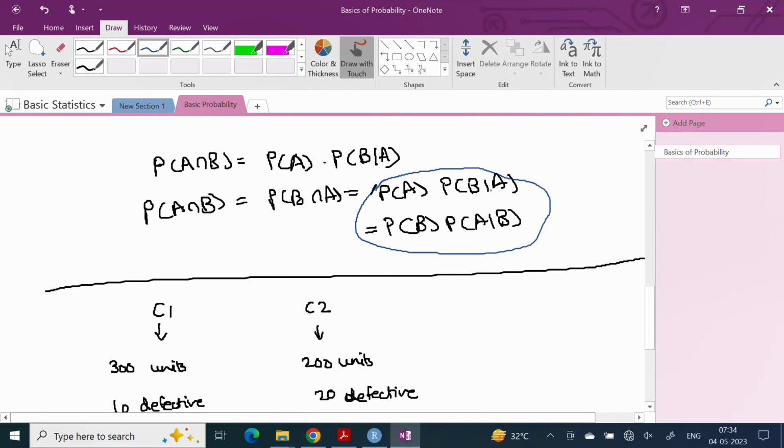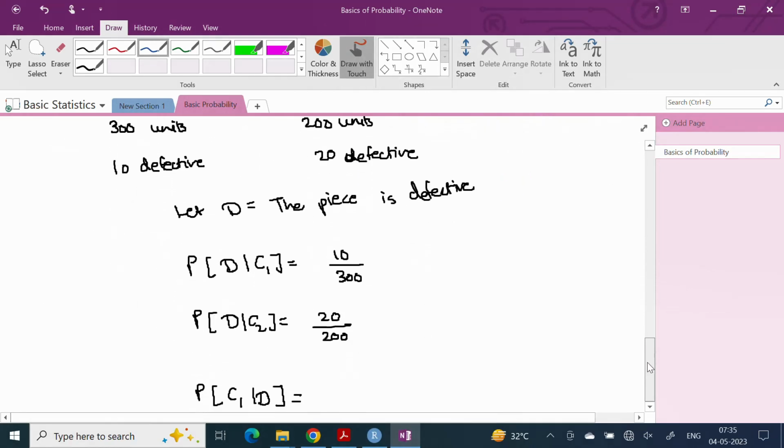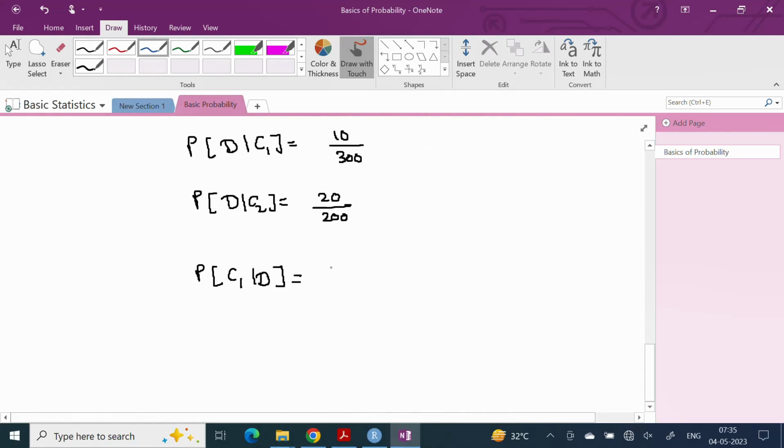Correct. So if I have B given A, from that I can compute A given B, if I know individual probabilities. Of course, we have not yet computed the individual ones, but we can compute that. So let me try to write this. C1 given D I can write as probability of C1 intersection D divided by probability of D. This comes from that formula, because C1 given D into D will be C1 intersection D. And how do I get C1 intersection D?